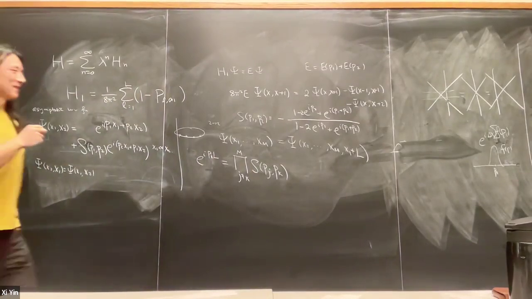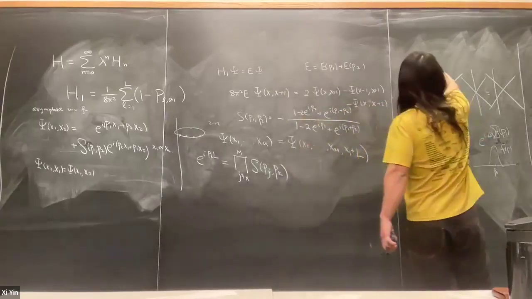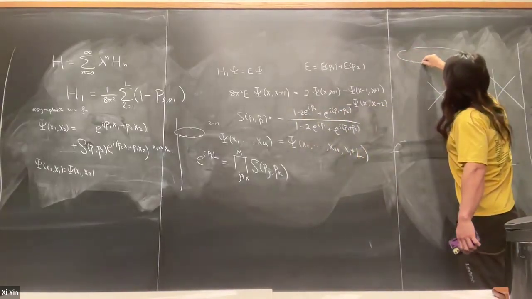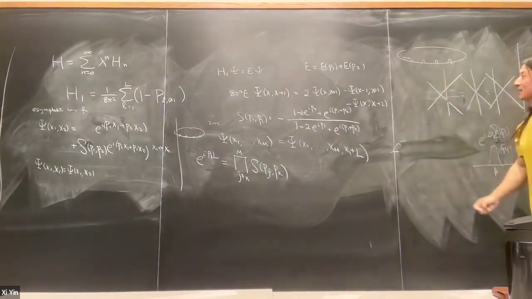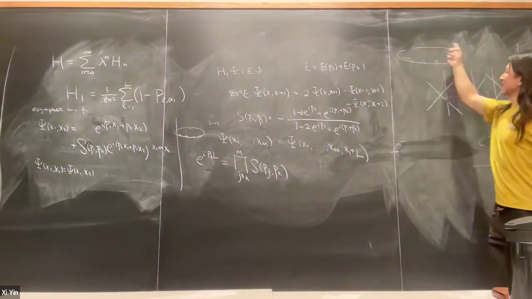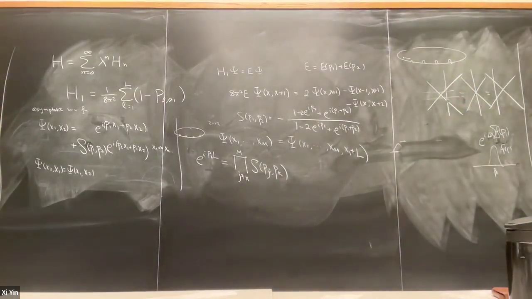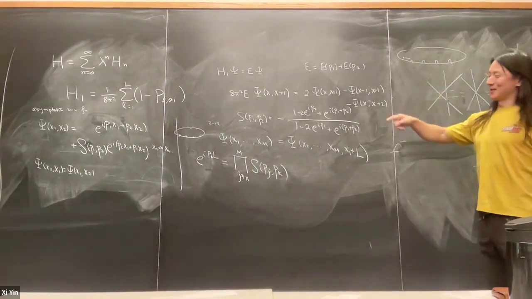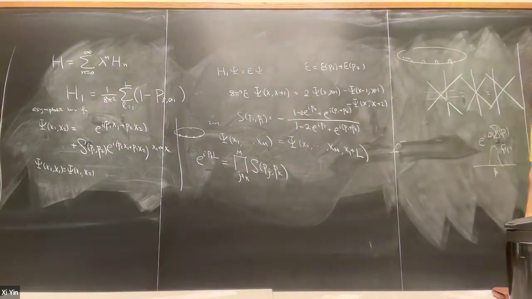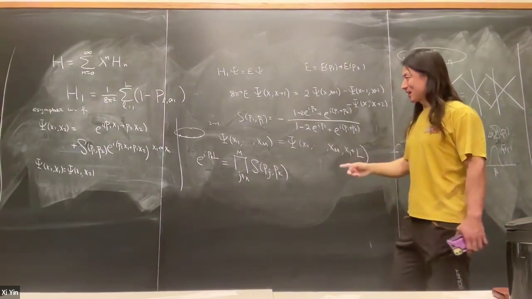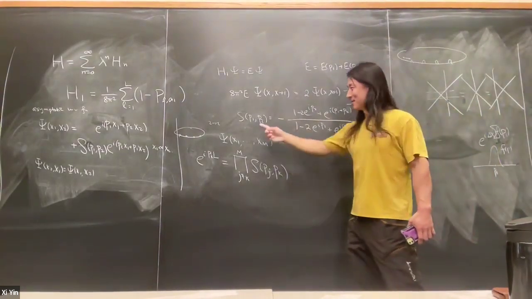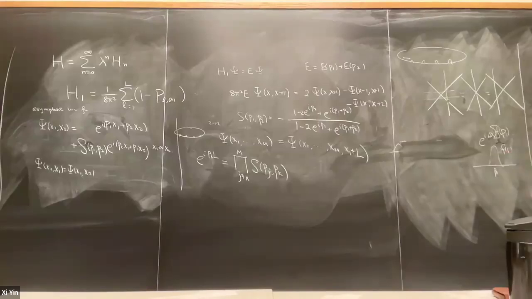Intuitively, this is kind of obvious if you think about fixing all the other M-1 particles as some kind of defect. You just look at one particle in the presence of the other particles, and every time you cross the defect, you pick up a phase, and then you come back. The total phase has to be 1, so you have the phases of e^{ipx} together with the scattering phase. There's a convention you have to check. You have to make sure that this is S and not S inverse. I believe I use a consistent convention here that you can easily verify. And that's it.